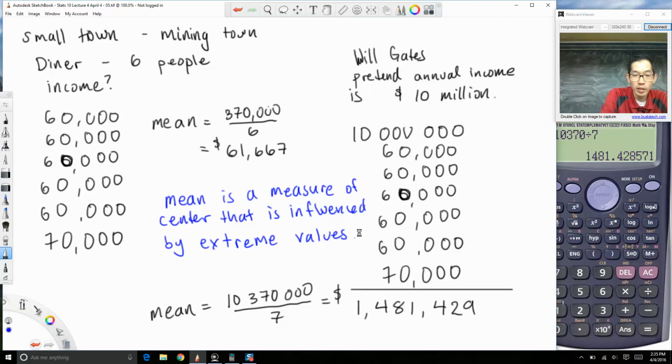And so, if you wanted to ask what's the typical earnings of people in the diner, it would probably not be very good to say 1.48 million. The typical earnings is something around $60,000-$70,000.